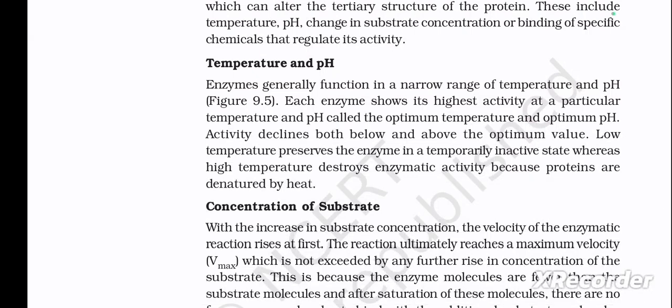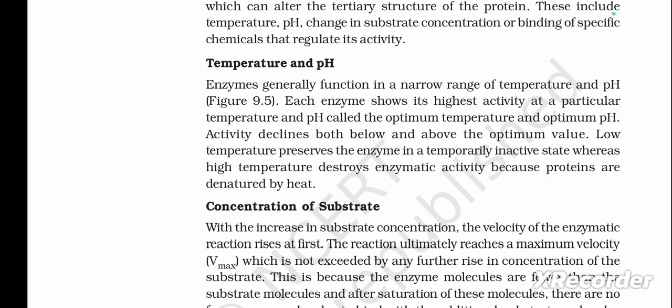Enzymes generally function in a narrow range of temperature and pH, figure 9.5. Each enzyme shows its highest activity at a particular temperature and pH called the optimum temperature and optimum pH. Activity declines both below and above the optimum value. Low temperature preserves the enzyme in a temporarily inactive state, whereas high temperature destroys enzymatic activity because proteins are denatured by heat.